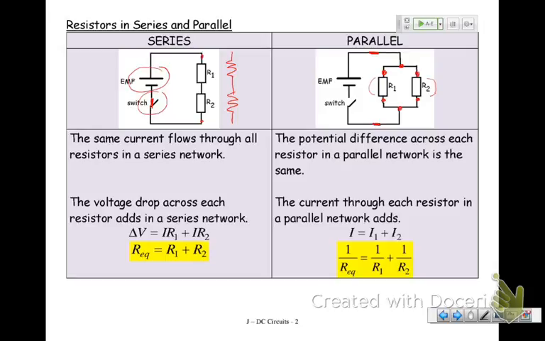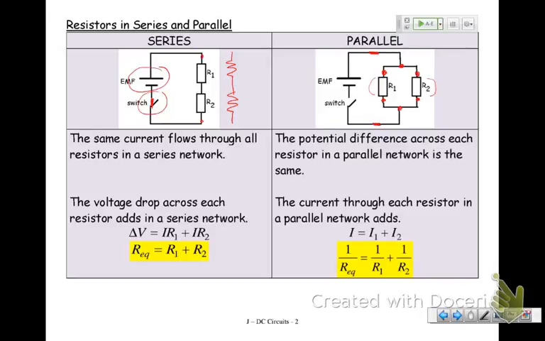And so people learn these terminologies. In a series network, the voltage splits but the current is the same. In a parallel network, the current splits but the voltage is the same. So you see that?